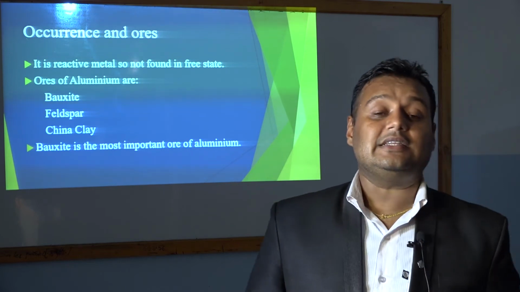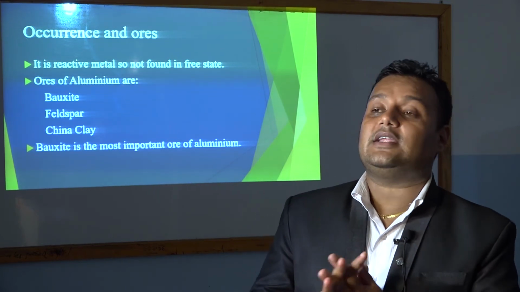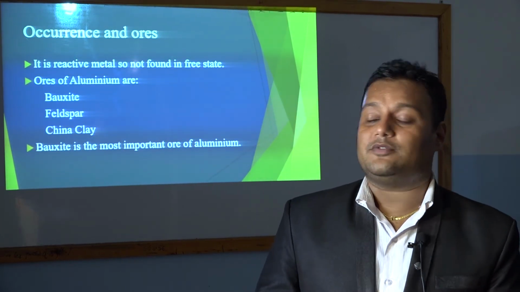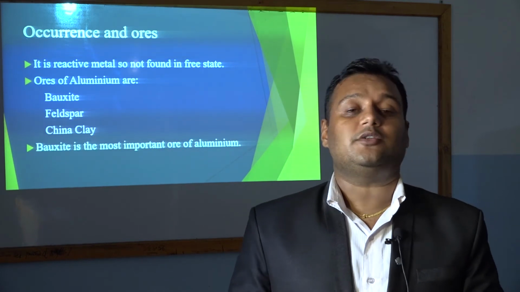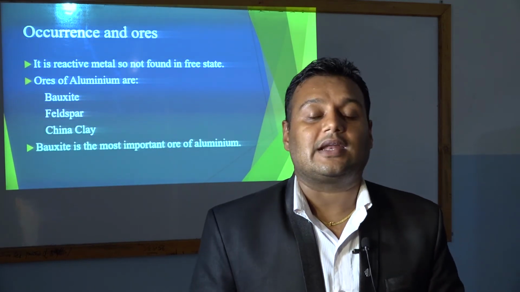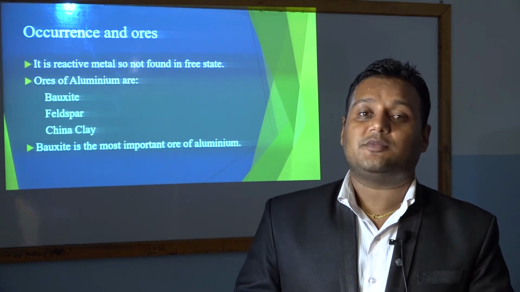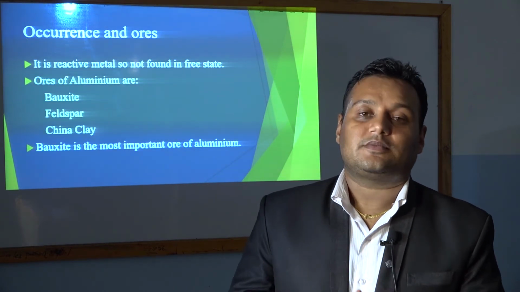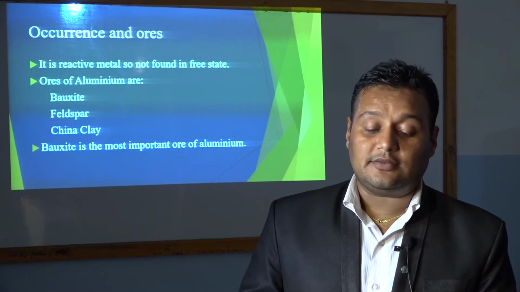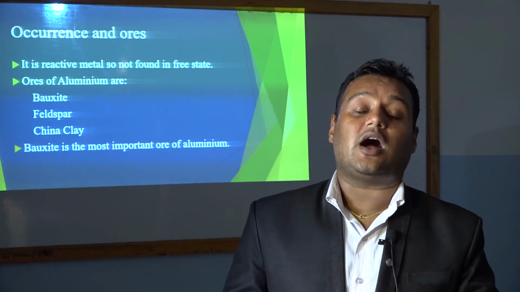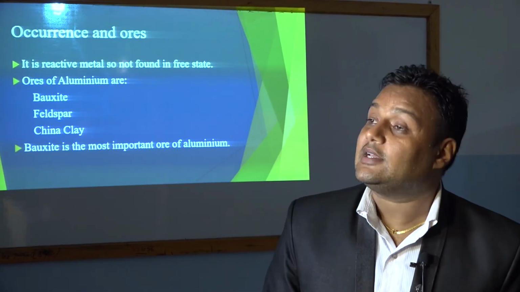If we find aluminium purely, it will soon undergo different chemical reactions, because it is a very reactive metal. So in our earth's crust, it is not found in a free state.